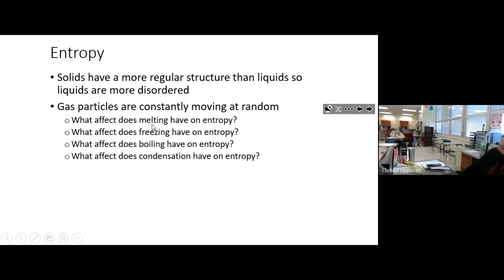So melting, is that going to increase entropy or decrease it? Increase it, because it's going to have more disorder. Freezing: decrease, because it's going to put it into fixed positions.